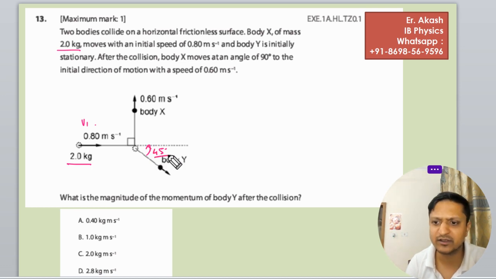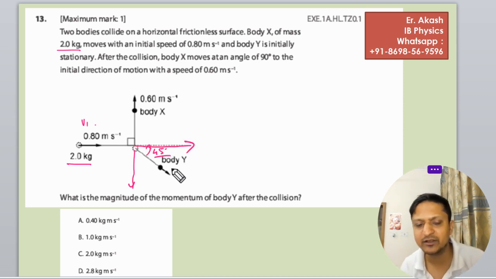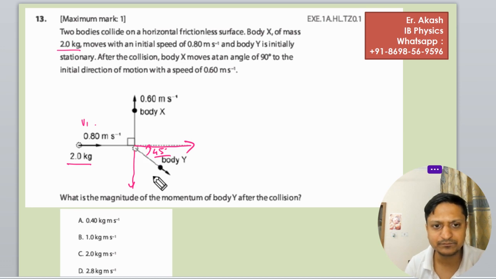Suppose this is a 45 degree angle, it doesn't matter what angle it goes, but let's take it as 45, because we don't have to calculate each of the components, we just have to calculate the magnitude of momentum of Y.